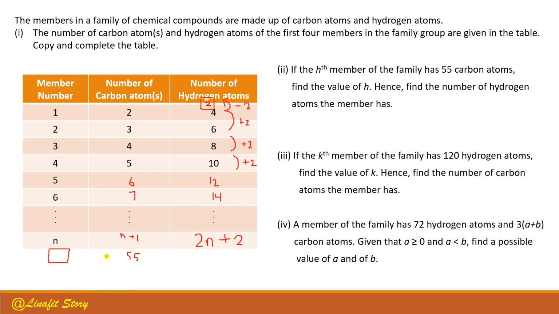So to get the member number is n minus 1 is equal to 54. Hence, find the number of hydrogen atoms the member has. To get the number of hydrogen atoms is 2n plus 2. So 2 times 54 plus 2 is equal to 110.